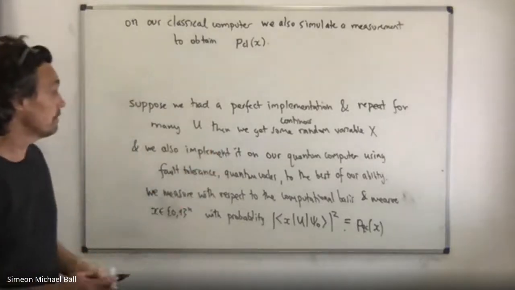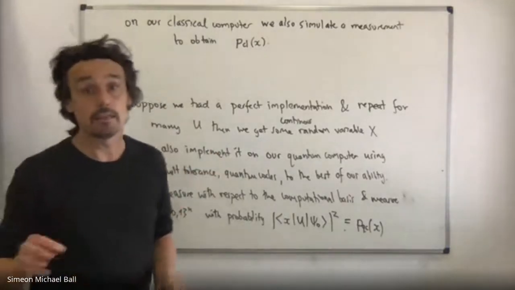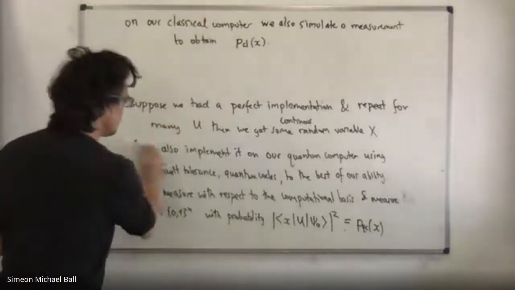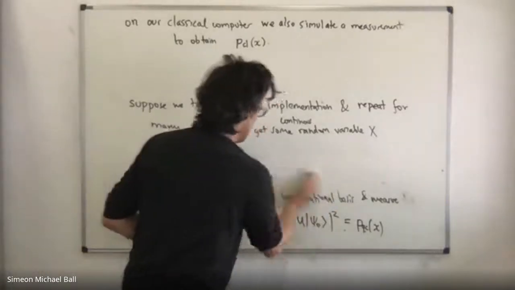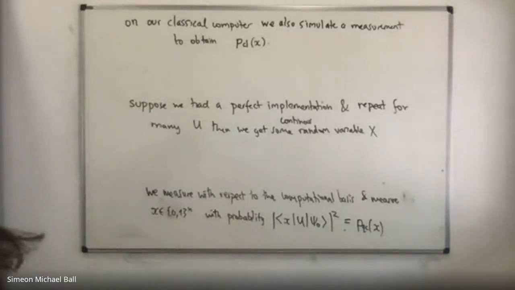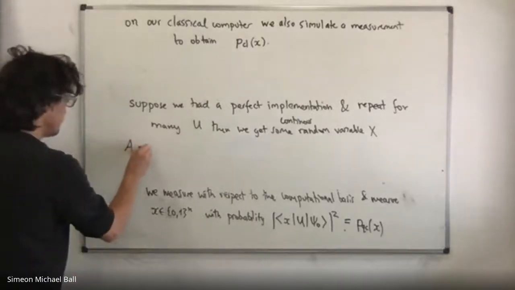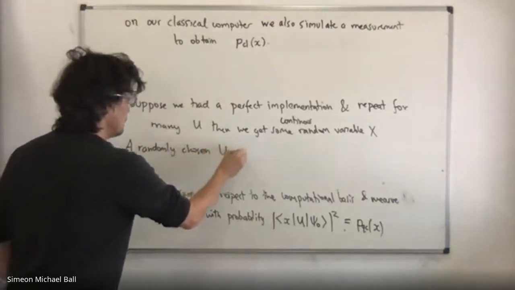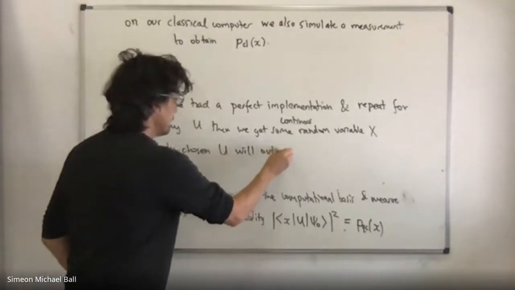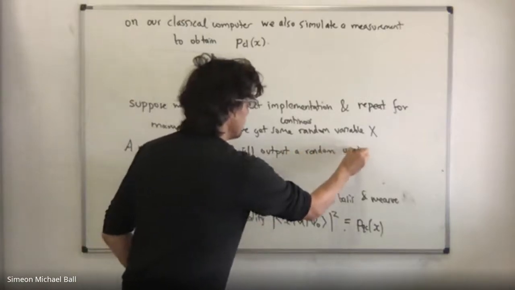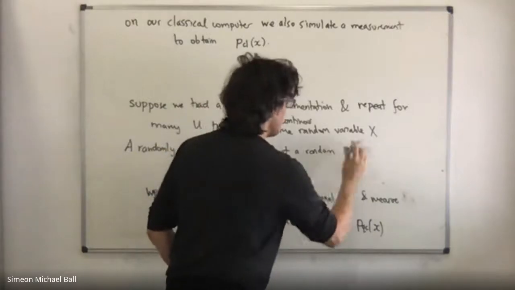Okay, so it is not uniform, and to prove that it's not uniform, I'm going to cut some corners. So what we want to do is calculate the probability for a randomly chosen random state.